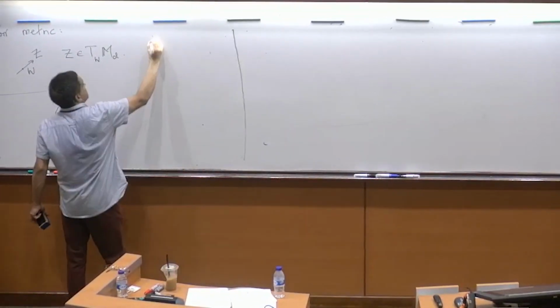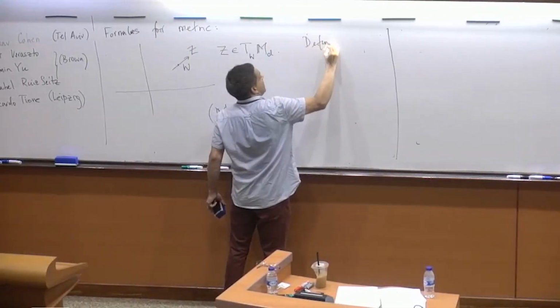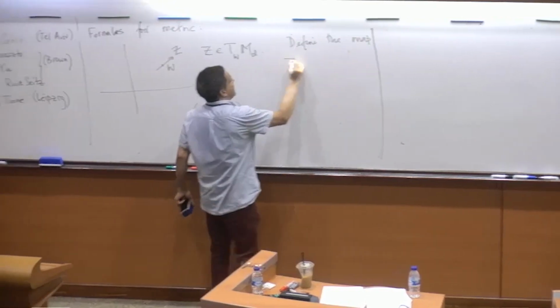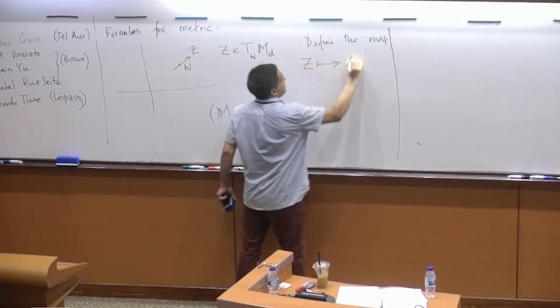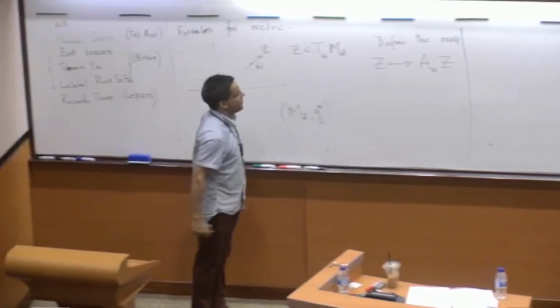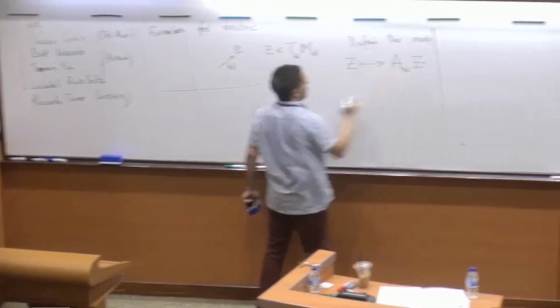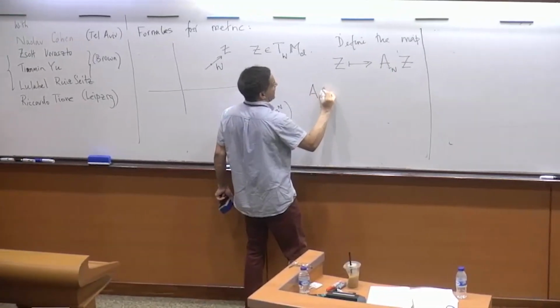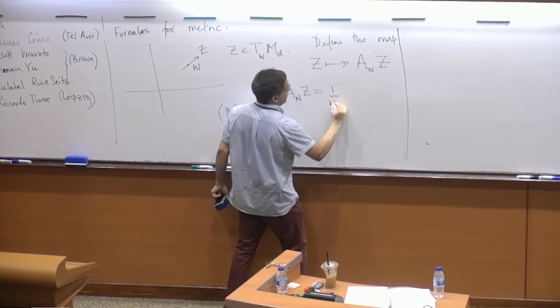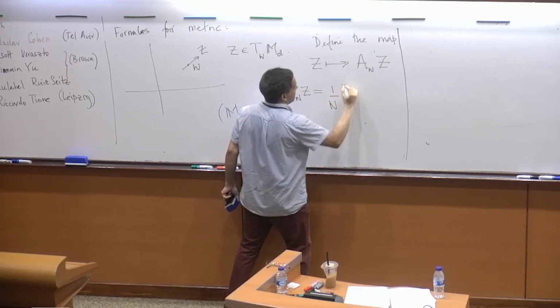What we do is define the map Z to A_N Z. It's a linear transformation, and it is defined in the following way. A_N acting on Z is 1 over capital N, sum over B equals 1 to N.